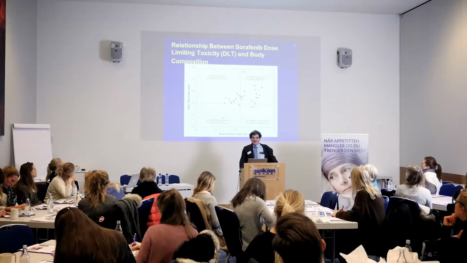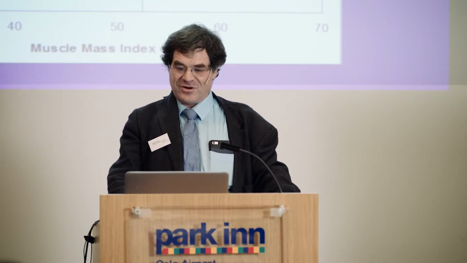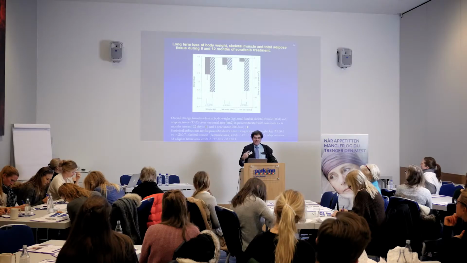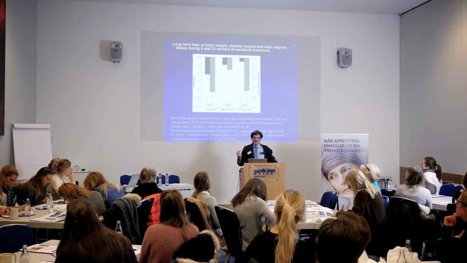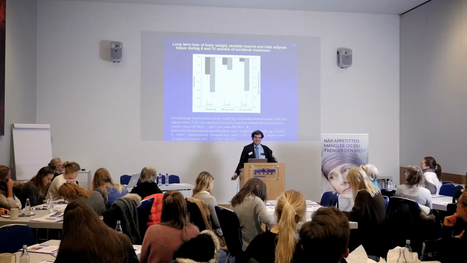So lean body mass doesn't seem to be just confined to standard cytotoxic drugs in predicting toxicity. It actually seems to be also involved with the targeted therapies. And not only is lean body mass and muscle related to the toxicities, what we discovered in the case of sorafenib was muscle was manifesting a toxicity itself.